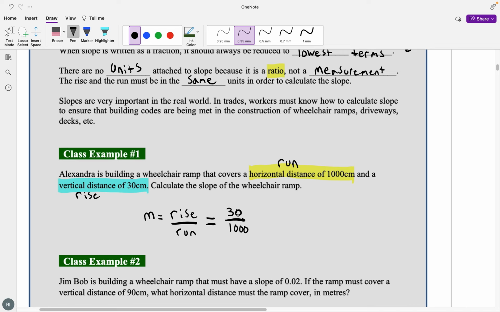You could get a fraction or a reduced fraction or a decimal. The reduced fraction is 3 over 100. Or written as a decimal, 0.03.